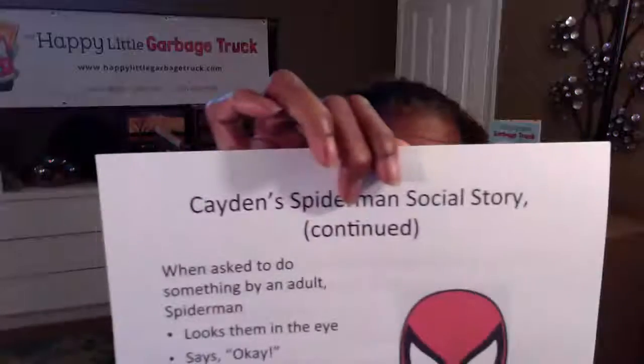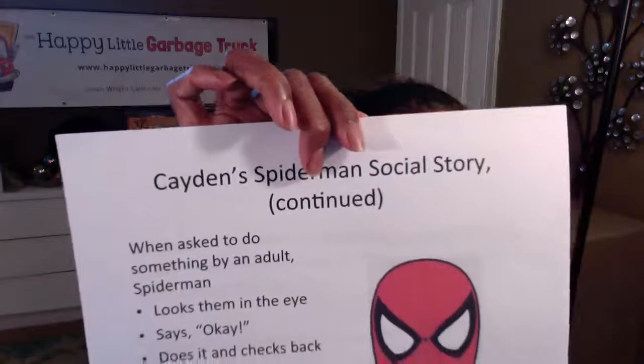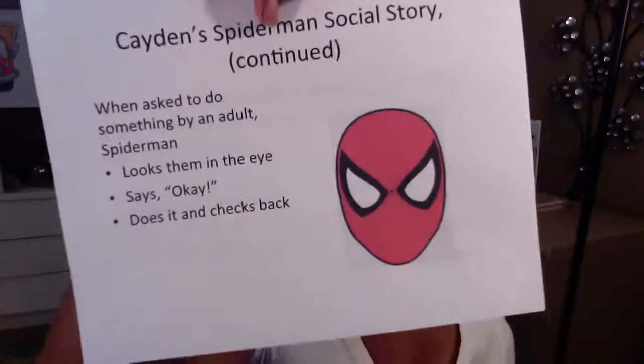Then the following part clears up that, even though it's okay to feel that way, when asked to do something by an adult, Spider-Man looks them in the eye, says okay, does it, and then checks back. So it's still not letting Caden off the hook for getting his work done.